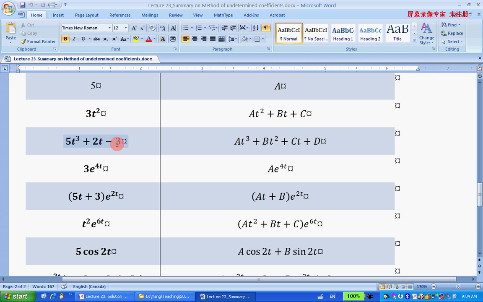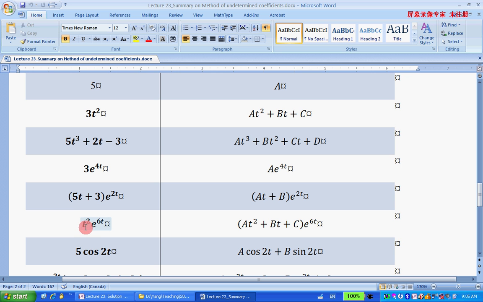It appears there are 3 things here, but actually the first one is the dominant one because the other 2 are sort of special cases. So when you guess, you base your guess on this 5t squared.